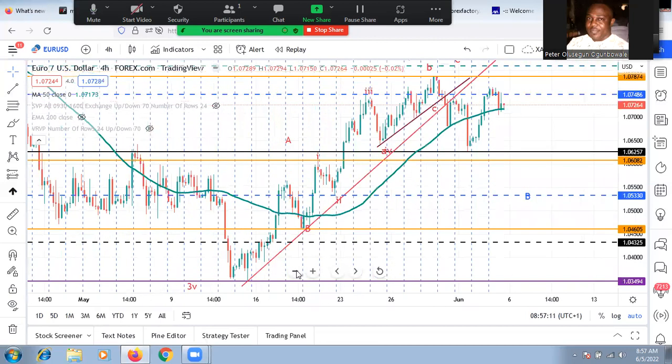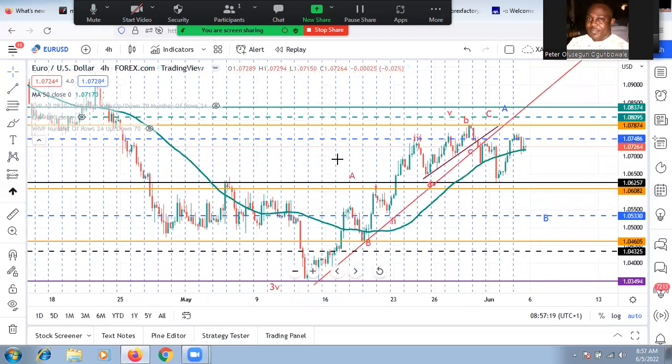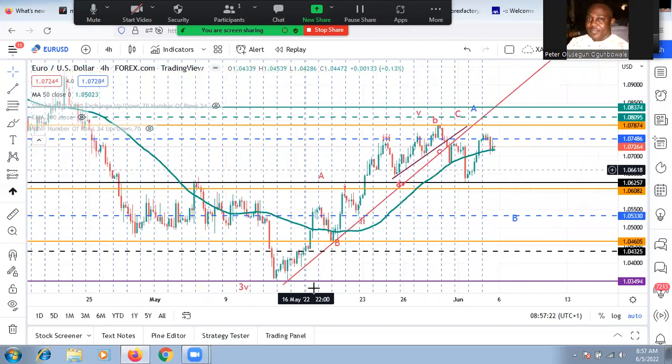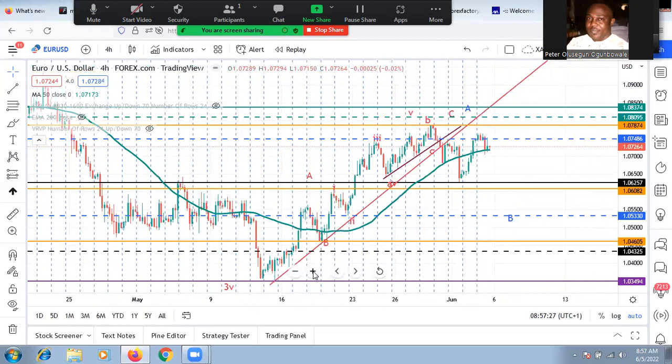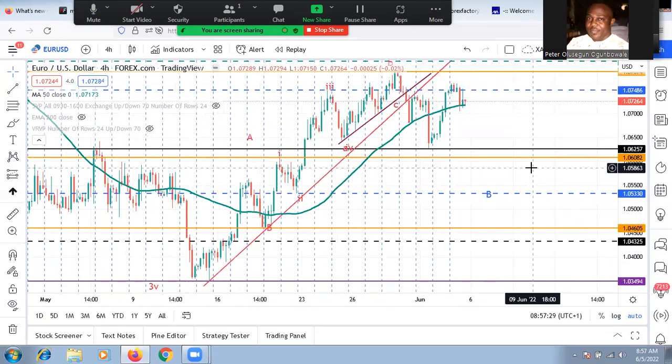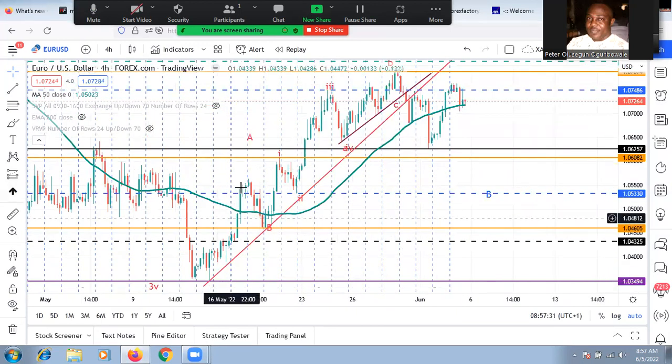Now, it looks so much that in the middle, what we are seeing is actually a bit different from what we thought. Now, if we look at this wave from here to here, you know, and up to this point.